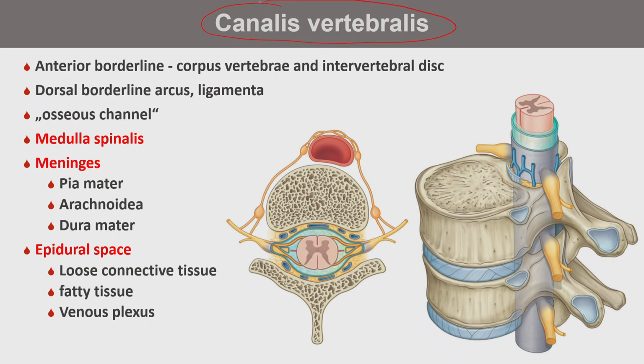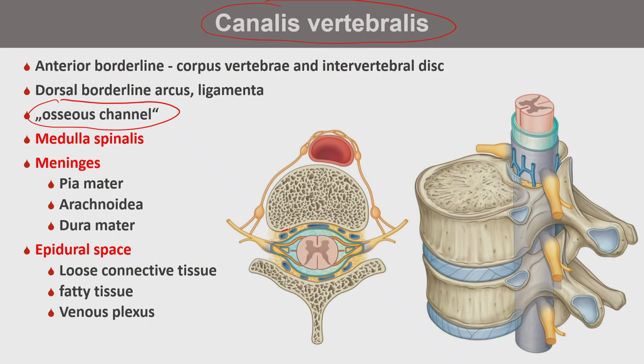Then the spinal cord is localized in the vertebral channel. Vertebral channel is made from osseous, ligamentous and cartilaginous structures. We talk sometimes about osseous channel even if part of it is made from cartilages of intervertebral plates or ligaments which are covering vertebral bodies or joining arches.